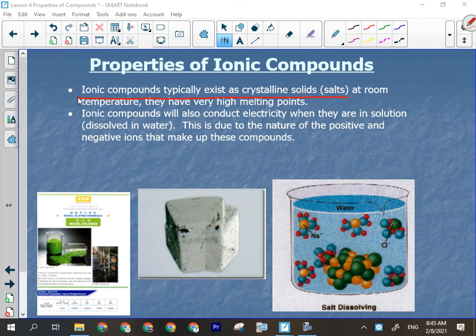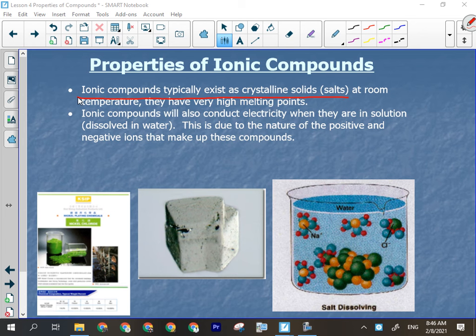No, it doesn't. Most of them are, but there are exceptions. A diamond is not an ionic compound, but it is a crystalline solid at room temperature. Sugar is not an ionic compound, but it is a crystalline solid at room temperature. So there are some exceptions.